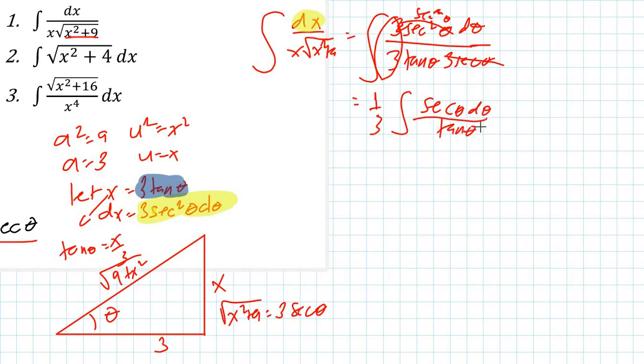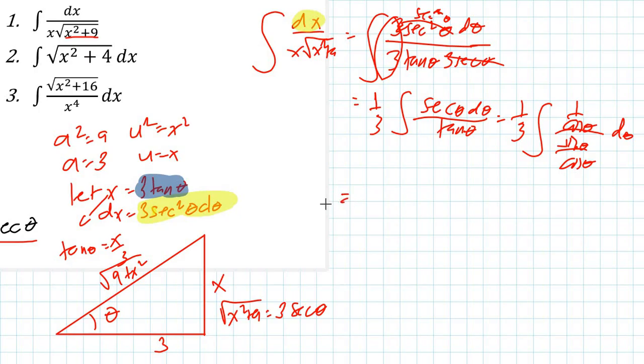Before we do anything else, we need to manipulate this so that it becomes a simpler expression. We know that this is equal to 1/3 integral, where secant is 1 over cosine theta and tangent theta is sine theta over cosine theta.